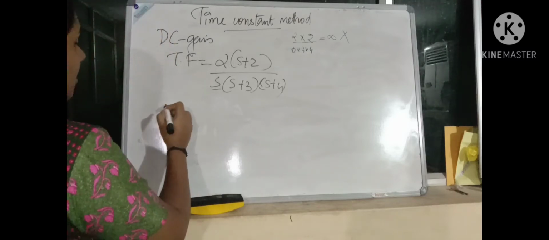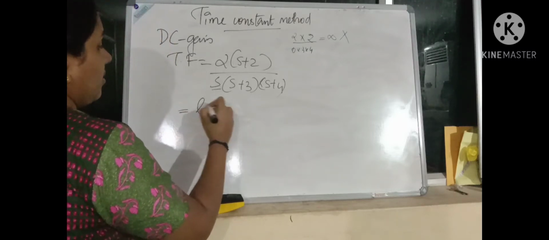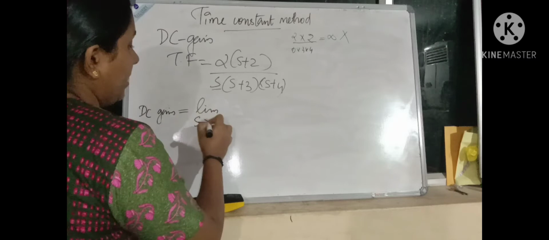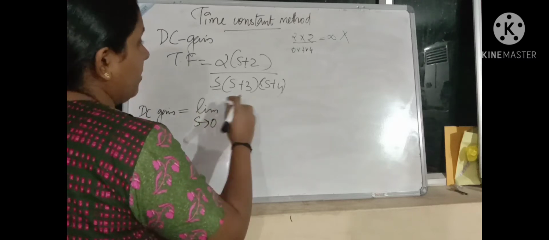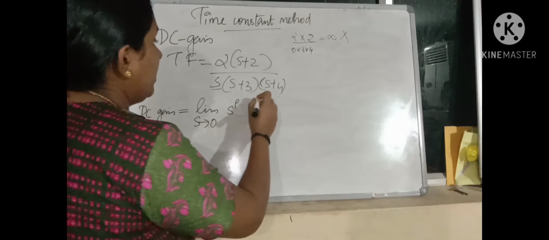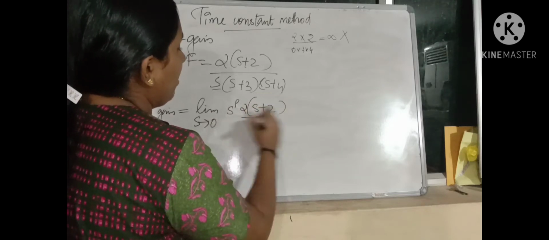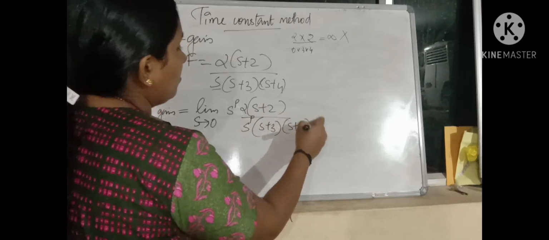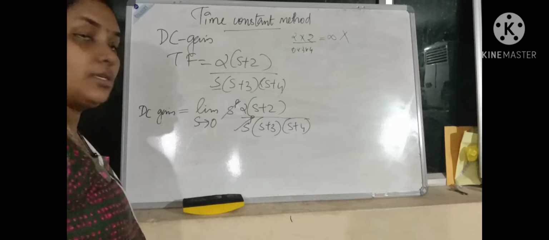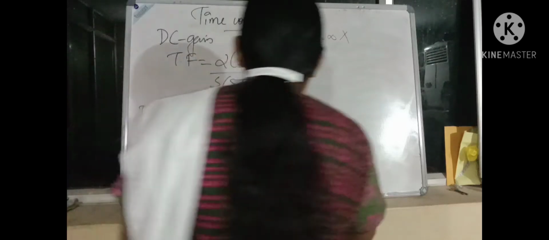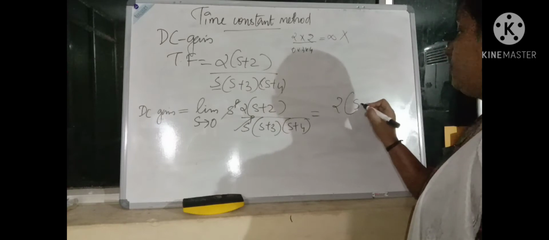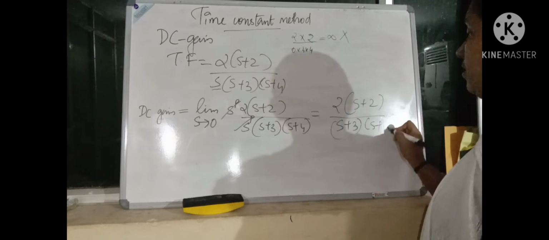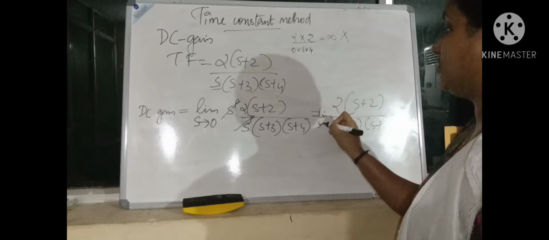Okay, from this we can eliminate the pole at origin. Just apply this. That means DC gain equal to limit S tends to 0 of S, the pole at origin, times 2 into (S plus 2) divided by S into (S plus 3) into (S plus 4). Just cancel these two S and we'll get the answer as 2 into (S plus 2) by (S plus 3) into (S plus 4), with limit S tends to 0.